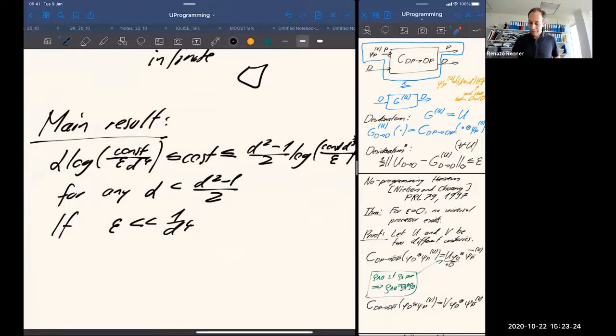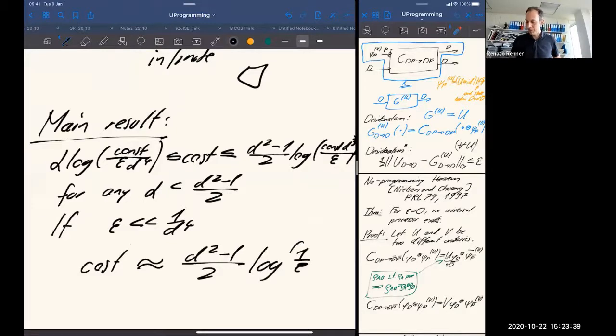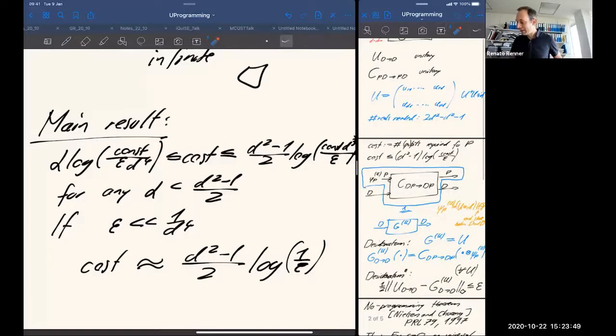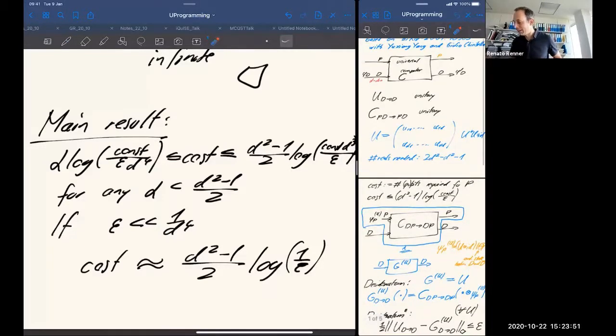One could summarize this by saying the cost is approximately given by (d squared minus 1)/2 times log 1 over epsilon, up to constant terms. So in other words, the size of the program really scales almost in the same way as in this classical trivial example I gave you.